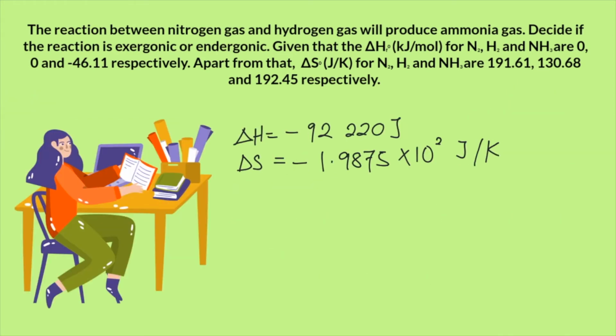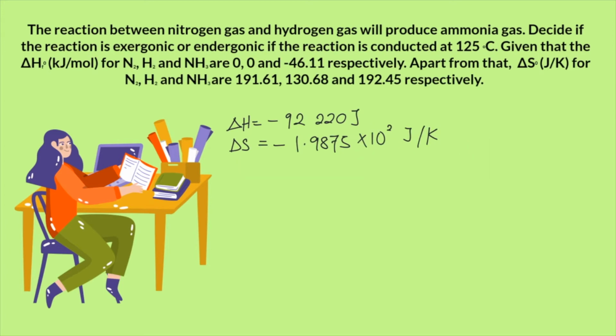Alright then, now we already know that our delta H is equivalent to negative 92220 joule and your delta S is negative 1.9875 times 10 to the power of 2 joule per Kelvin. Let's look at what other information is given in the question. It states here that the reaction is conducted at 125 degrees Celsius.